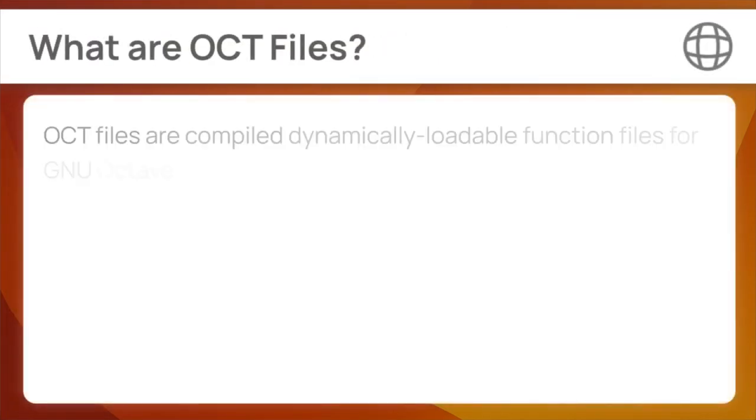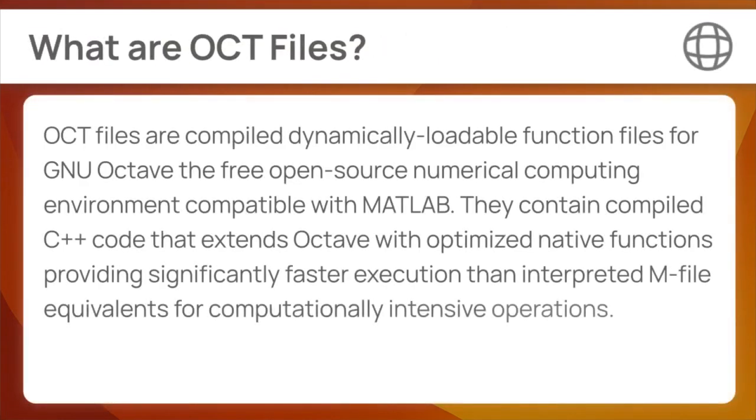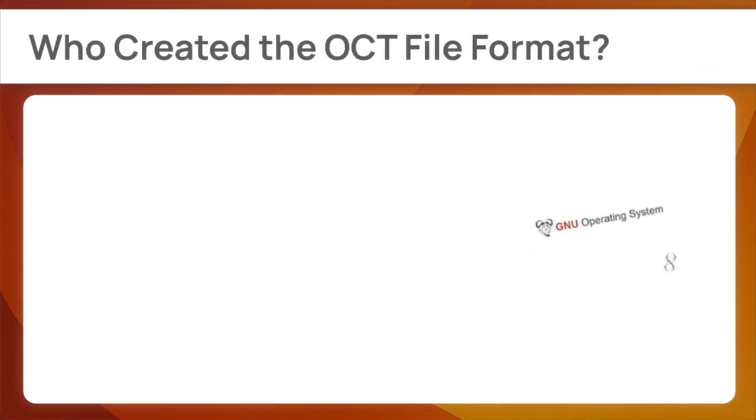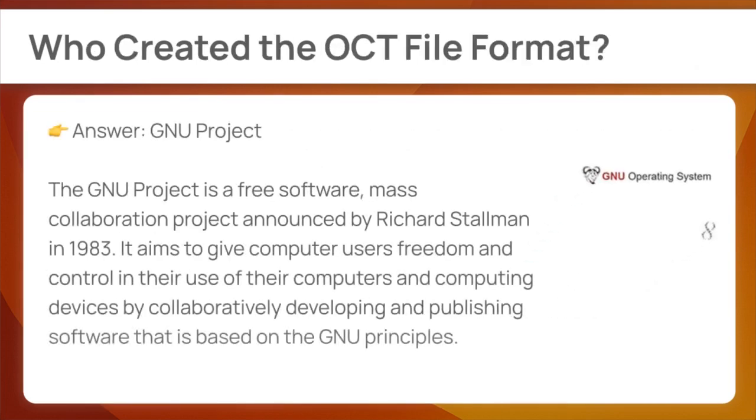OCT files are compiled dynamically loadable function files for GNU Octave, the free open-source numerical computing environment compatible with MATLAB. They contain compiled C++ code that extends Octave with optimized native functions, providing significantly faster execution than interpreted M-file equivalents for computationally intensive operations.